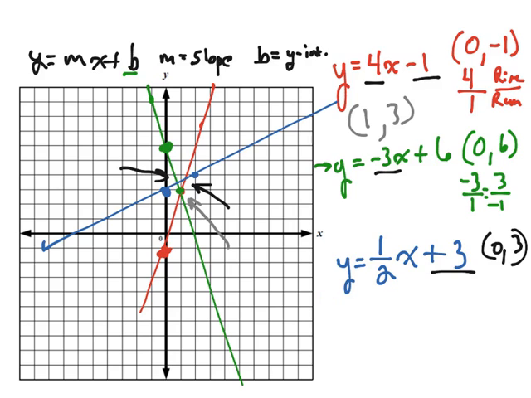I'm going to take the negative 3x plus 6 and say it equals 1/2 x plus 3, and I'm just going to solve for x. You guys know how to do that, so I'm going to leave that to you. But you'll probably end up with about 3/4 for x, and just under 3.5 for your y.